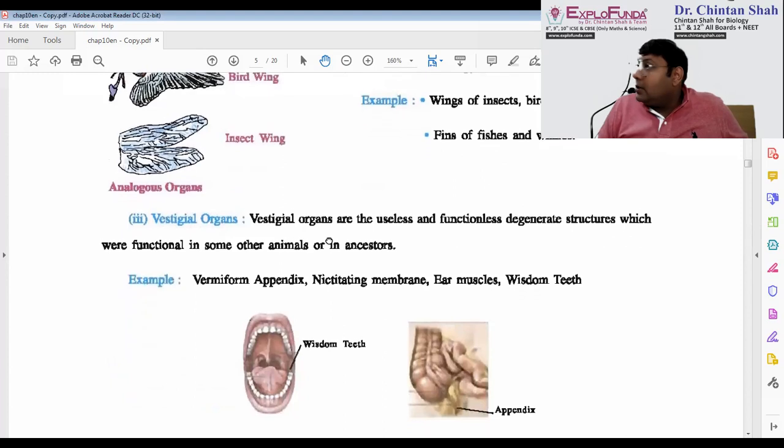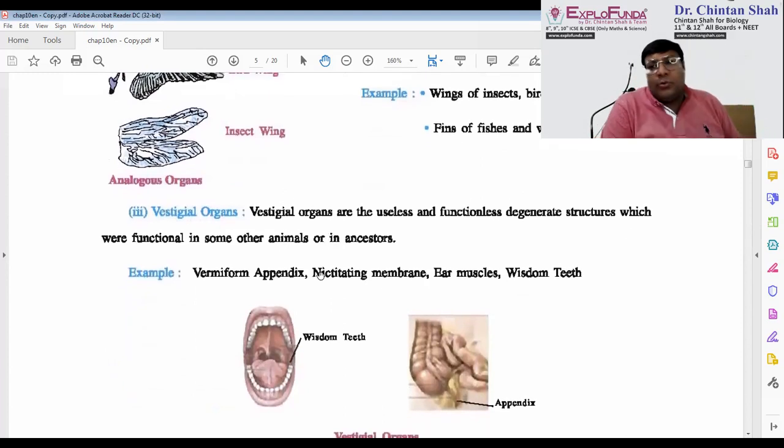Vestigial organ. Vestigial organ means what? This is the definition I'm just telling you; later on, you can write it down also. The organs which were very well developed and functionally very active in the ancestor, but in today's organisms are less developed and non-functional, such organs are known as vestigial organs.